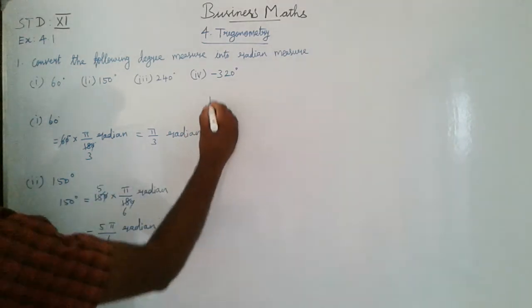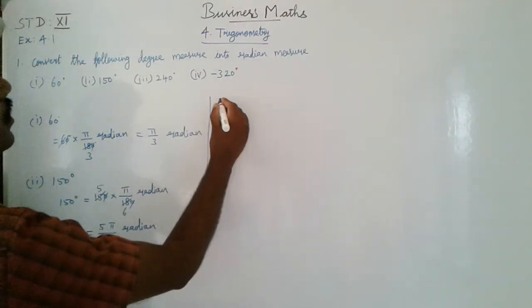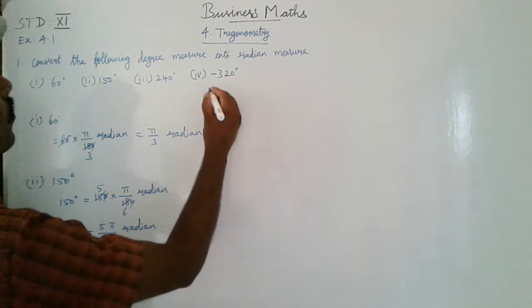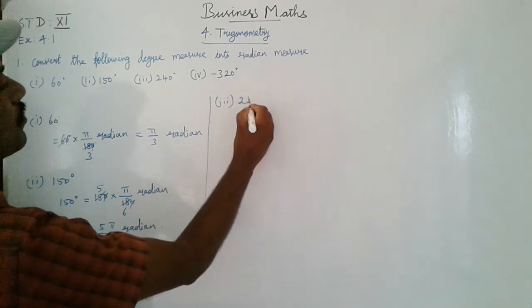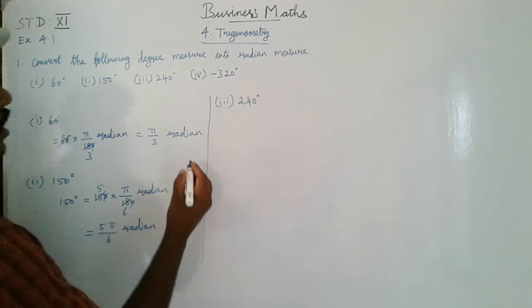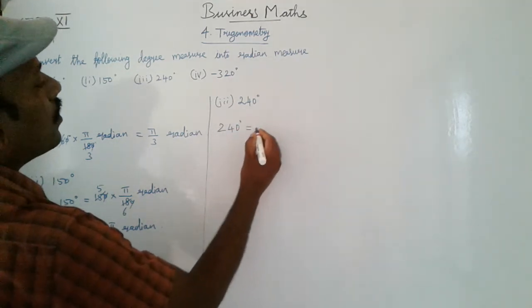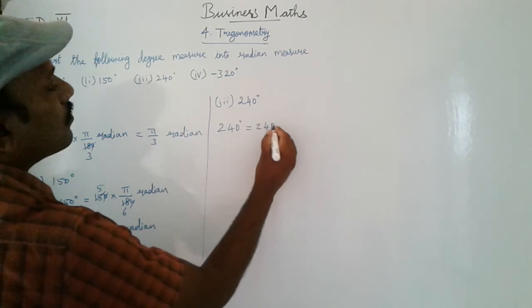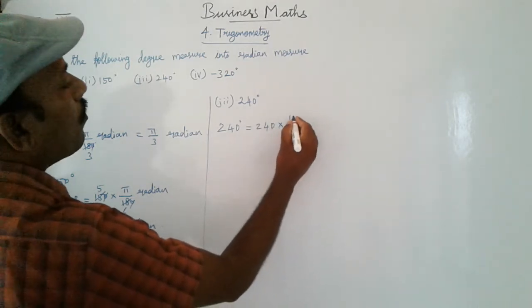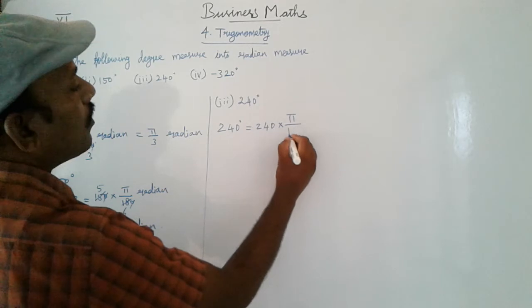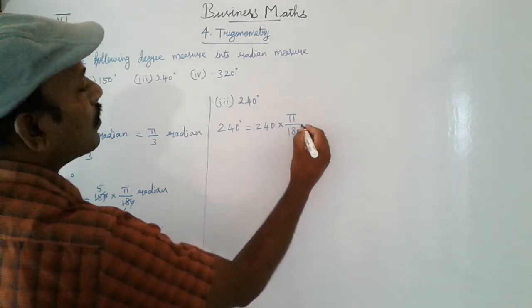Next, third one: 240 degree. 240 degree equals 240 into pi divided by 180 radian.